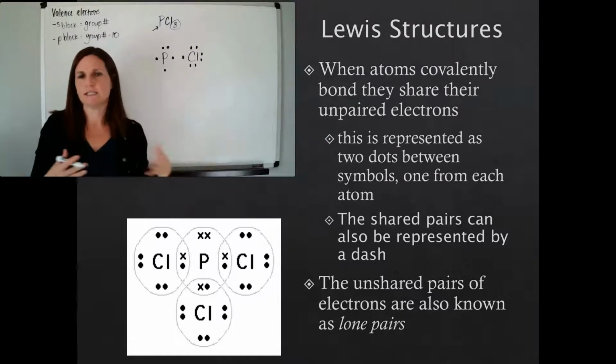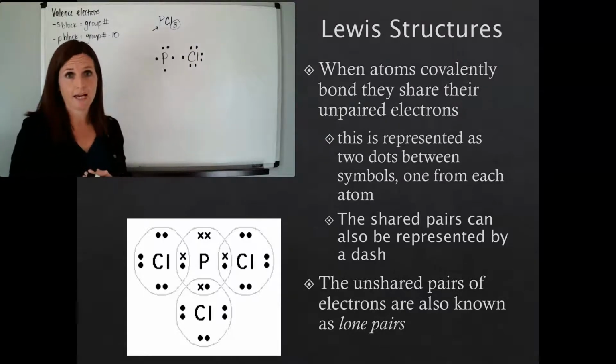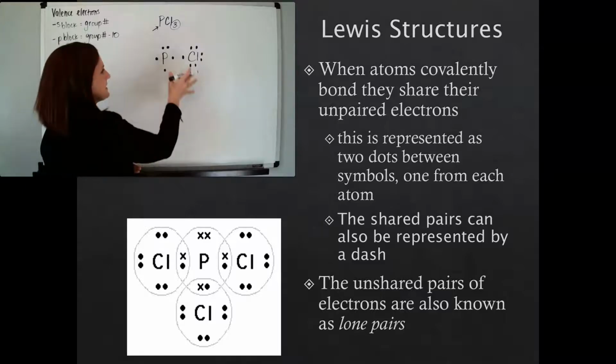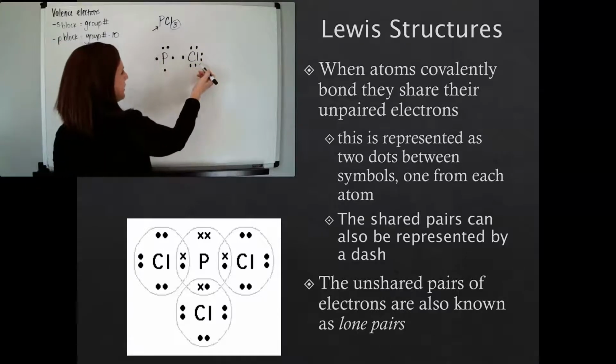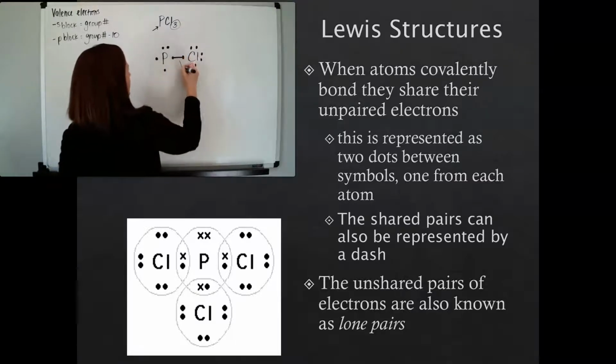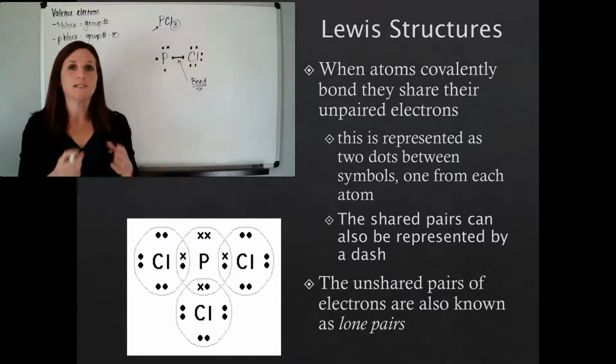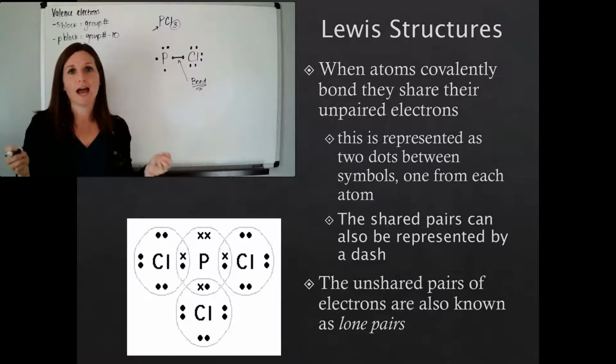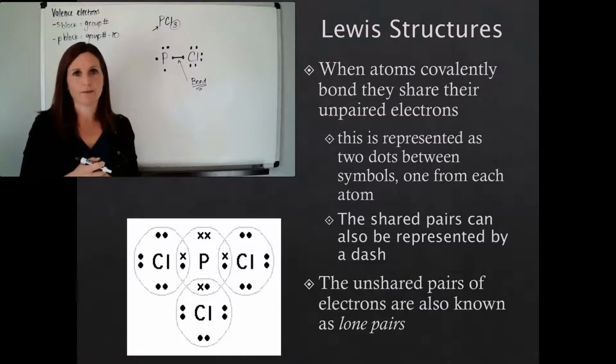My experience for you guys is that for the most part, you just draw dots anyway, so I'm just going to leave them as dots. When I see this unpaired electron and this unpaired electron, I want to connect those. So now I've just created a bond. So my bond is shown as this dash connecting the 2 atoms.